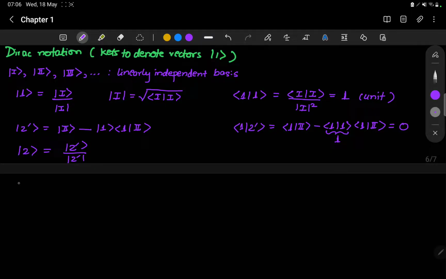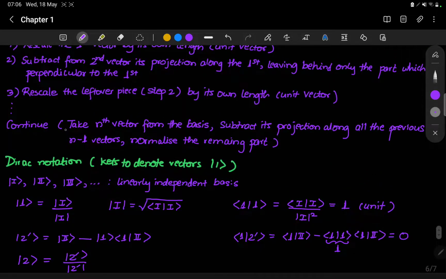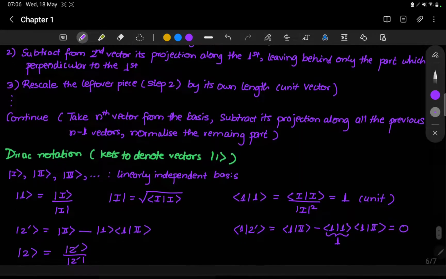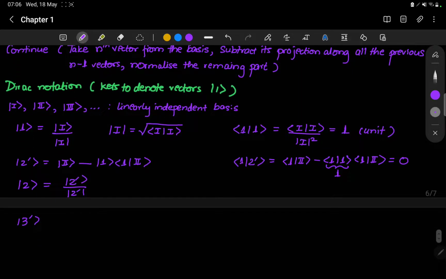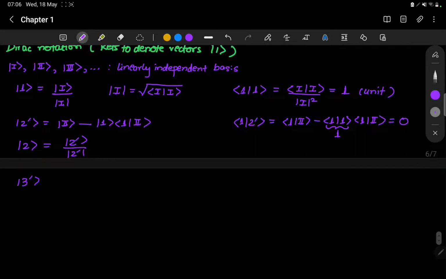Now for the third one, we were supposed to continue this process, that is, take the nth vector from the basis and subtract its projection along all the previous n-1 vectors and normalize it. So let us see. We will take the third vector, then subtract its projection along the first one, and then subtract its projection along the second one.